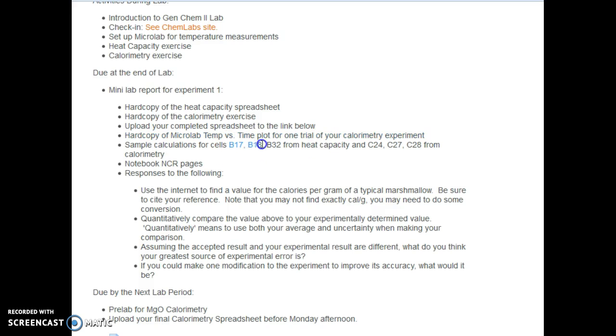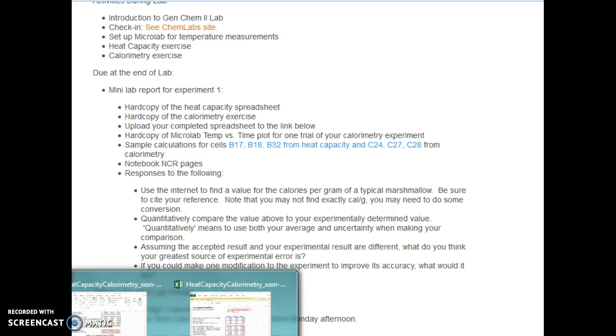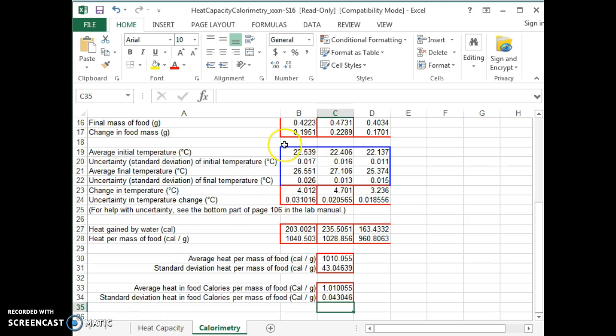Sample calculations. We want to make sure that you understand the math behind the actual Excel calculations. So you're going to do sample calculations for these 6 cells. So what does that mean? Let's look back at our spreadsheet. So B17, 18, and 32. So you're going to show me, how did you calculate this?